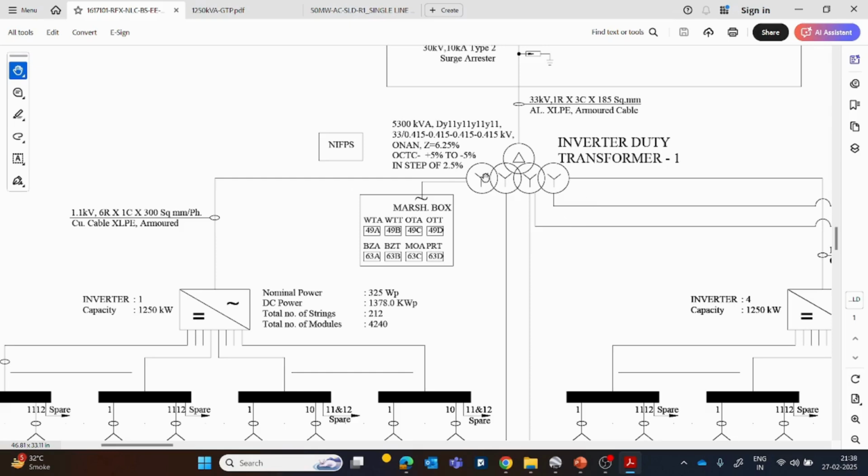A normal transformer used in a plant is continuously loaded 24 by 7, 365 days a year, stopped only during shutdown. But this transformer, for PV, is under no load the complete night time. Even in daytime, 8 to 9 hours, it's not working at full potential.